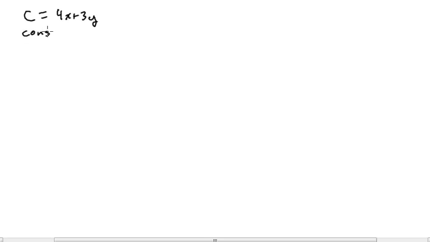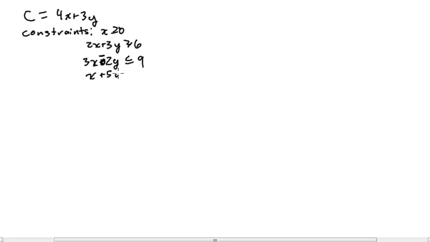and our constraints are x greater than or equal to 0, 2x plus 3y greater than or equal to 6, 3x minus 2y less than or equal to 9, it should have been 3x minus 2y, and x plus 5y is less than or equal to 20.